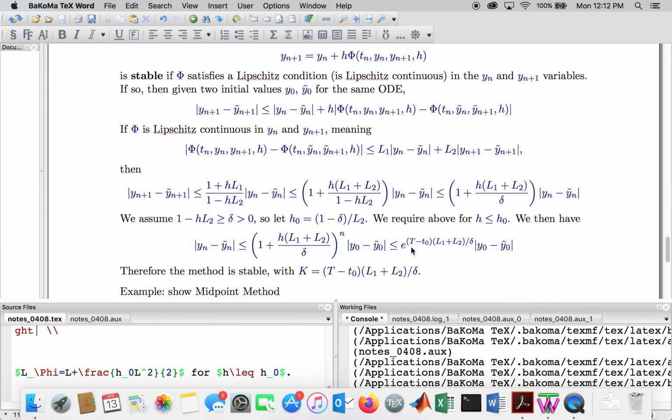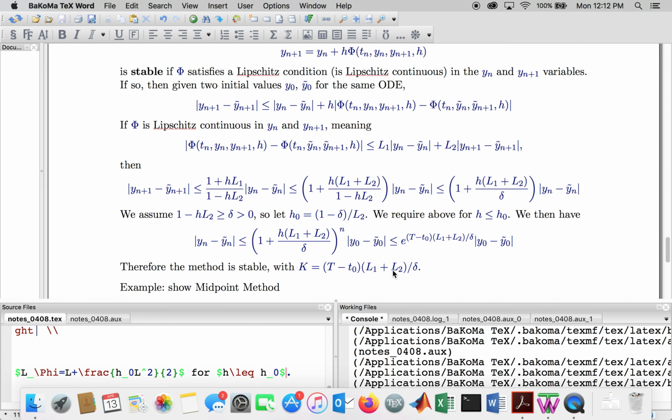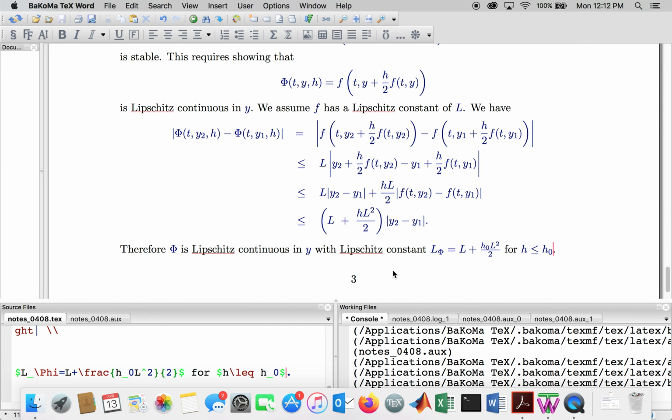This is why we can obtain a growth constant that, while it may depend on a time interval, is still independent of h, and that's what really matters here for a stable method. Okay, so that's one-step methods. What about multi-step methods?